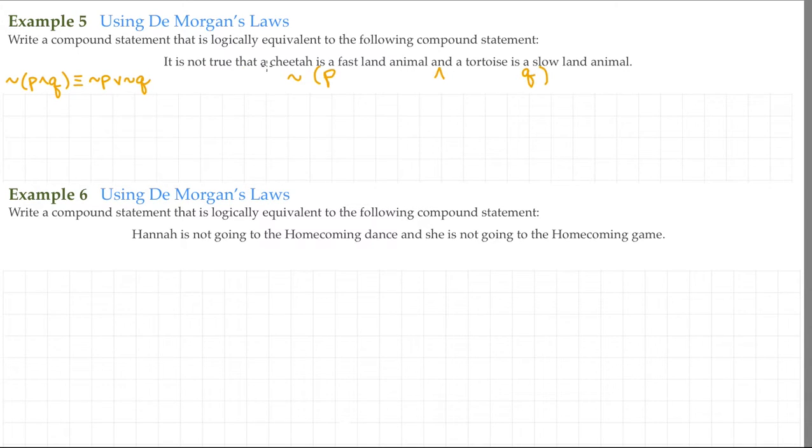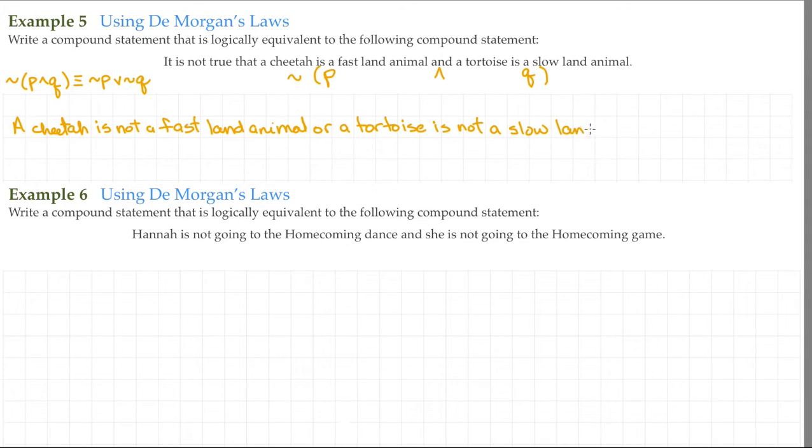So then to write a similar statement that's logically equivalent to it here, I'm just going to write down a cheetah is not a fast land animal, or a tortoise is not a slow land animal.